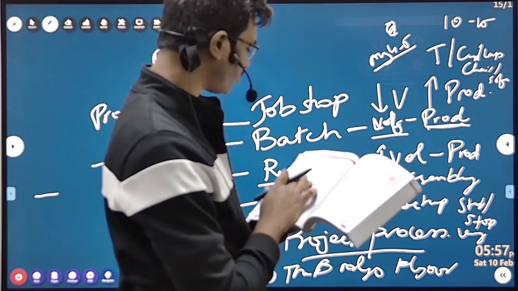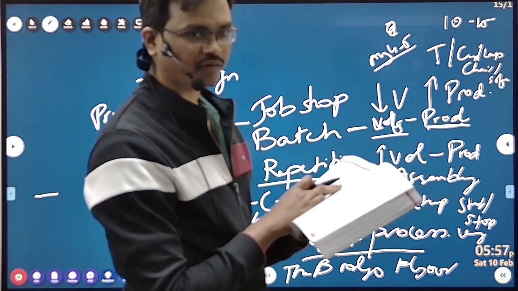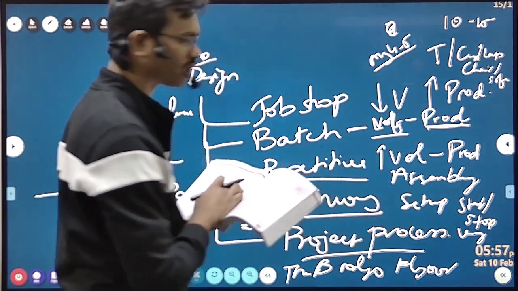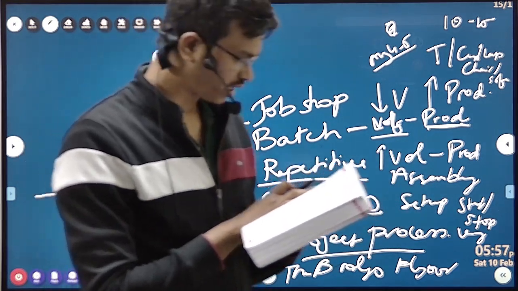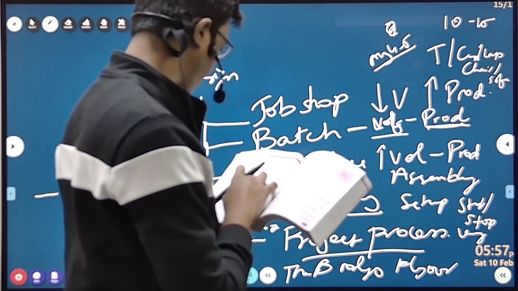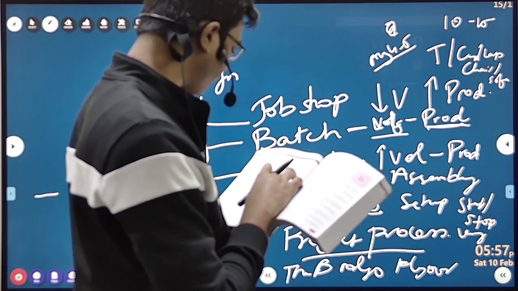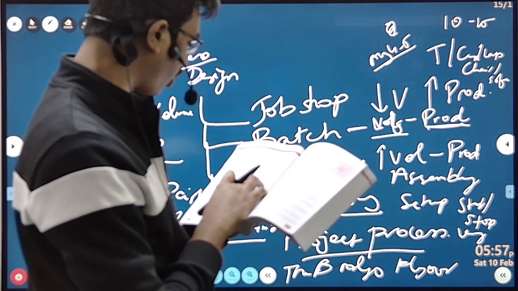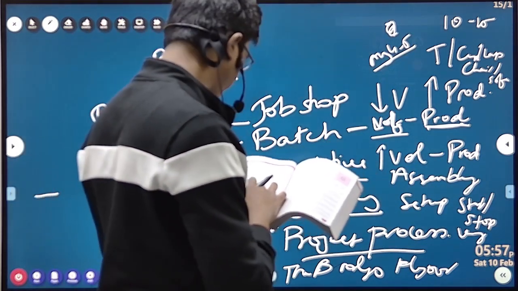So he has given you that graph, in a graph, what process should be followed for the product and volume mix. Many products and low volume is a batch. Many products, medium volume, it's operational based, or repetitive and continuous.